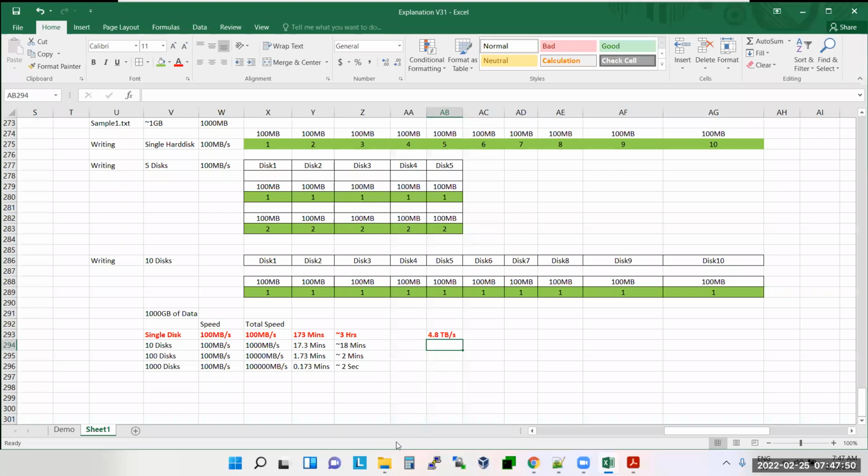In a test, this concept has given a speed of 4.8 TB per second. Now show me one technology in the world, even today, including cloud, which can write 4.8 terabytes of data in 1 second.